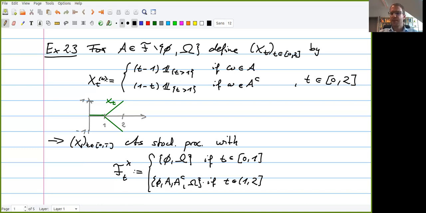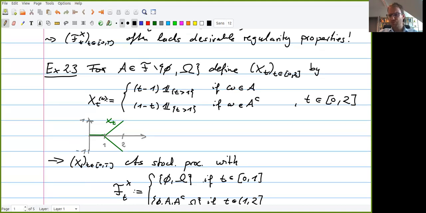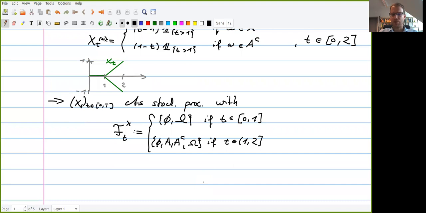So the filtration here, the natural one also generated by X, is rather simple. This is a rather regular process. The process is continuous.